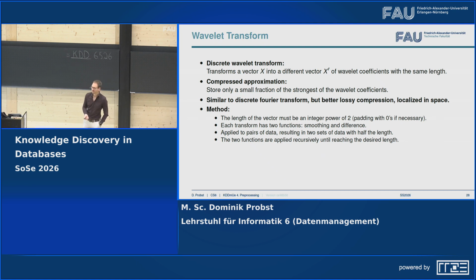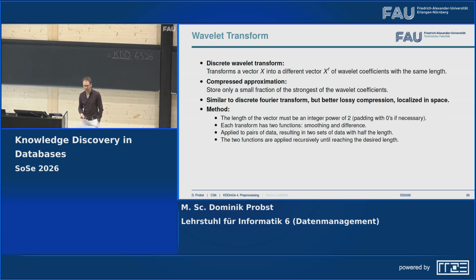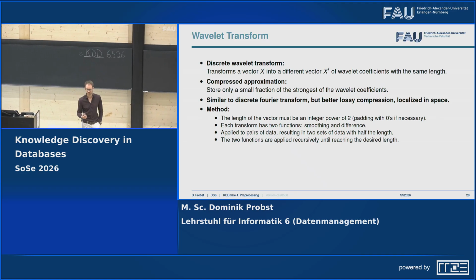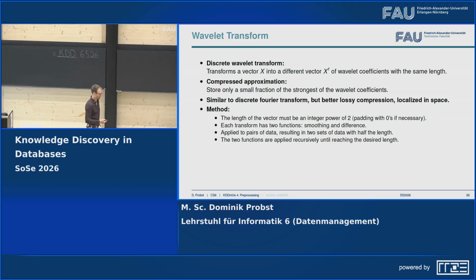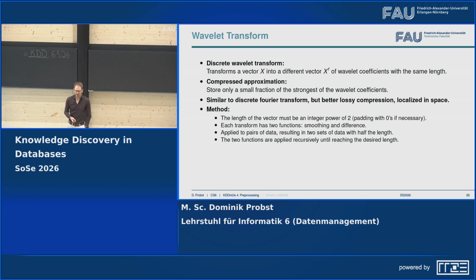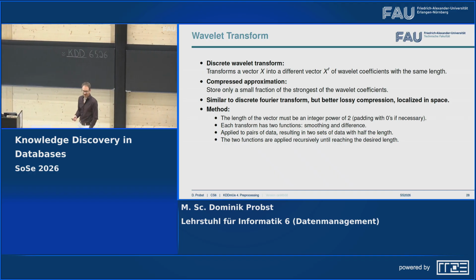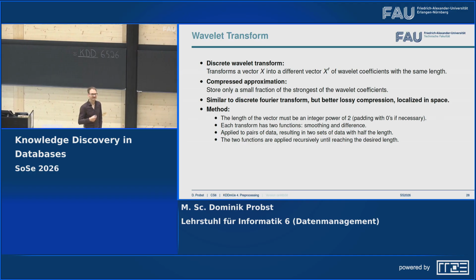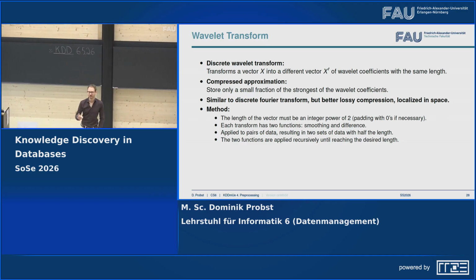If we are not at a power of 2 number of values, then we have to pad the values. And that's something I am often doing in the exam to test whether you remember it correctly. If we are, for example, at 7 values, we have to put one 0 at the end.